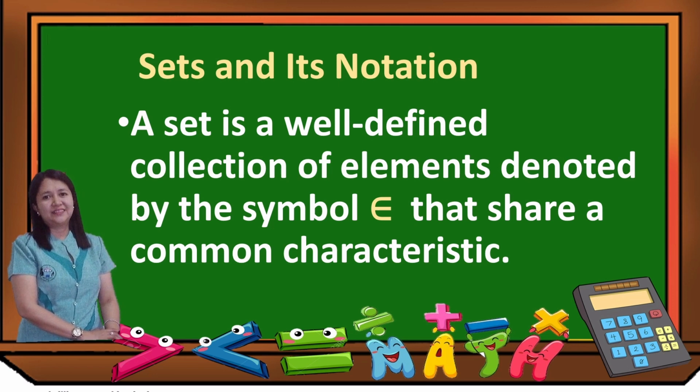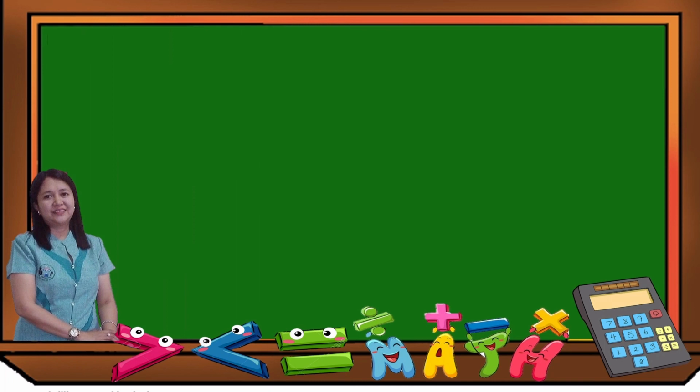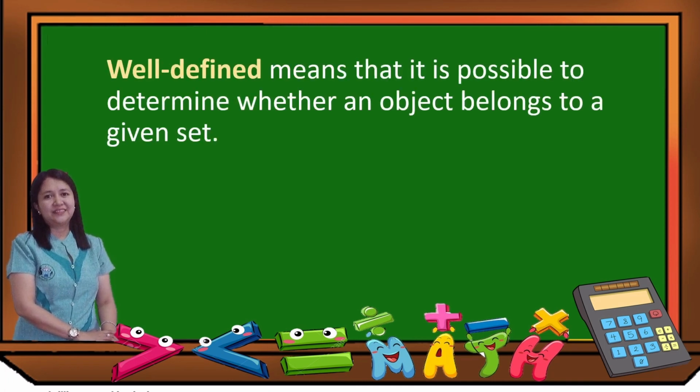Let us define set. A set is a well-defined collection of elements denoted by the symbol that share a common characteristic. Class, when we say well-defined, it means that it is possible to determine whether an object belongs to a given set.